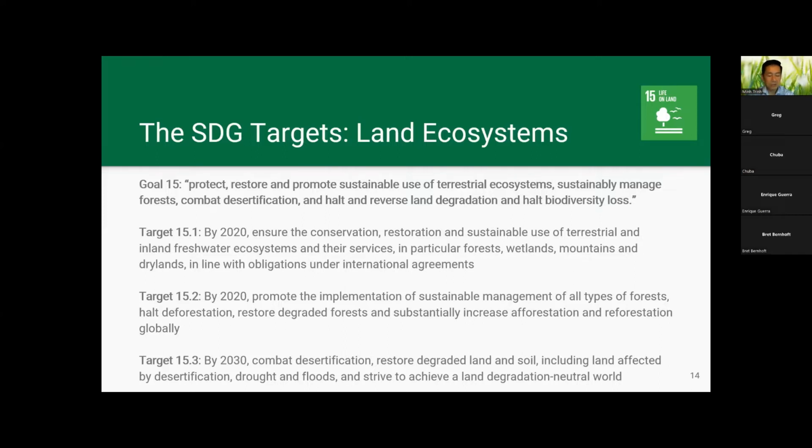Third target, by 2030, combat desertification, restore degraded land and soil, including land affected by desertification, drought, and floods, and strive to achieve a land degradation neutral world.